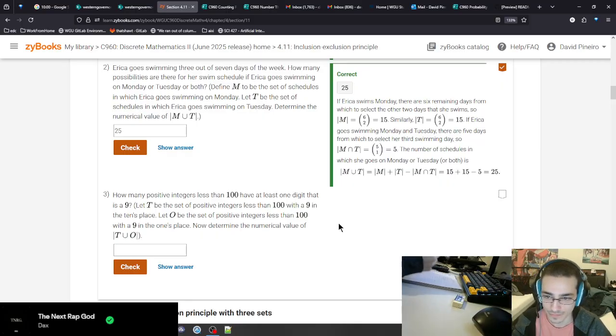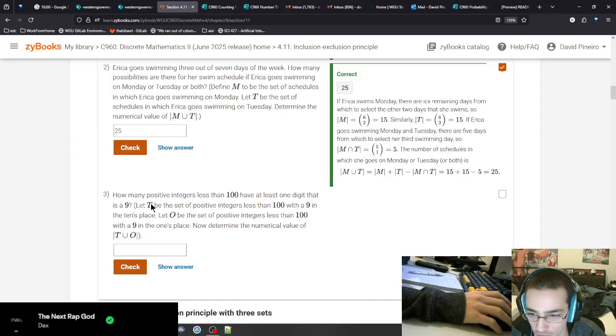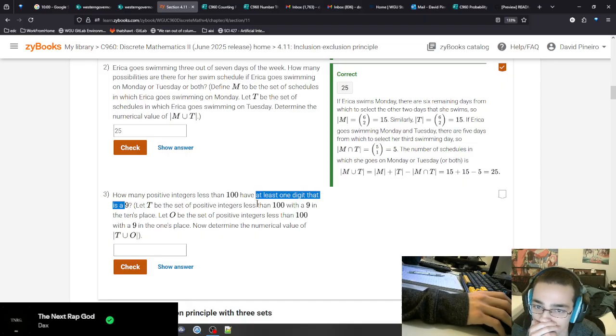Okay. So they're suggesting that I find the number of digits that are 9 for the ones place, and then also for the tens place, and then union them together, which makes sense, kind of. This confuses me.